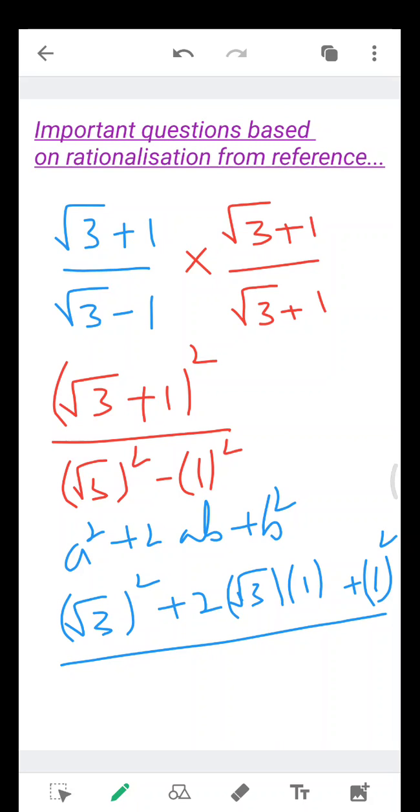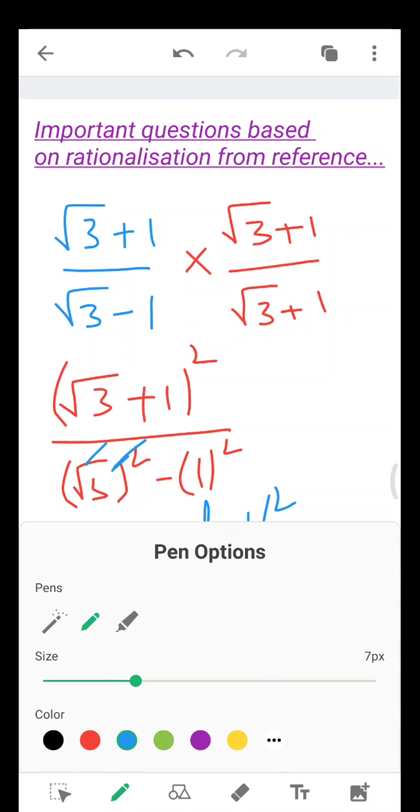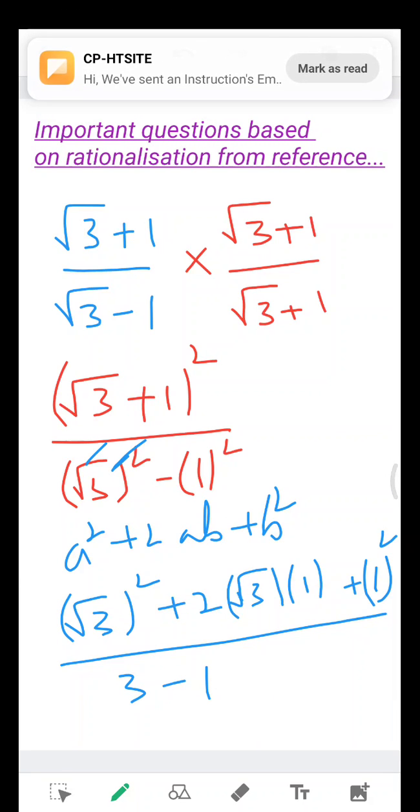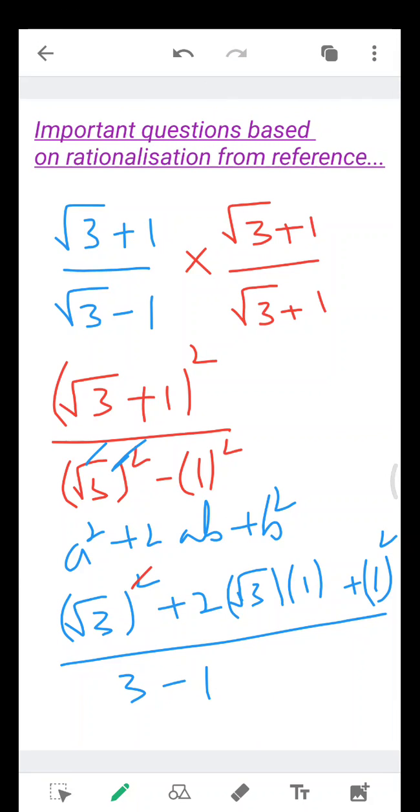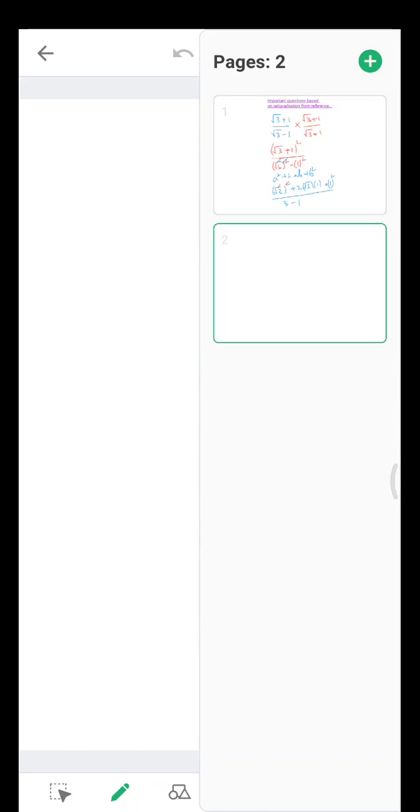What happens next? In the denominator, the square and root get cancelled. So root 3 square becomes 3 and 1 square is 1. Got it? In the numerator too, in root 3 square, the square and root get cancelled.